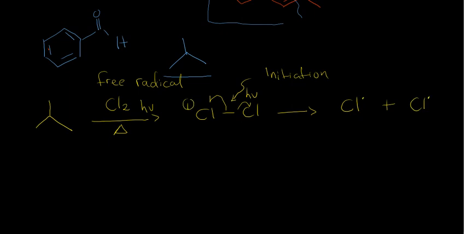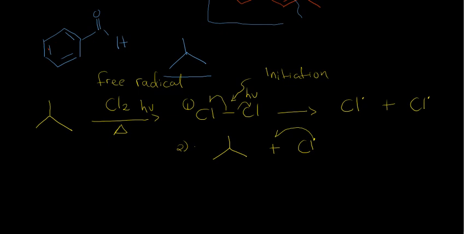Then the second step, you're going to have your isopropyl react with a radical. Once you react this with a radical, it will come and attack the hydrogen which is here.